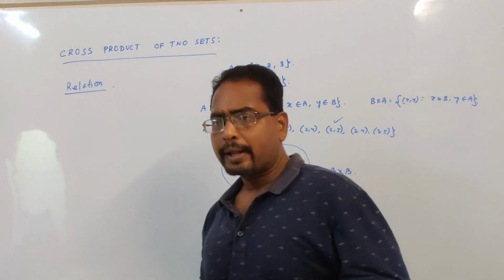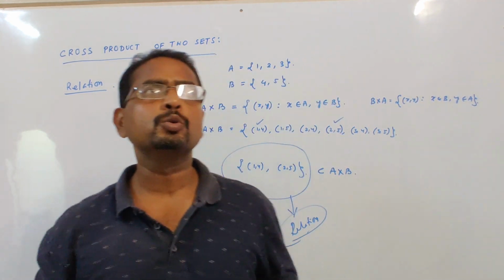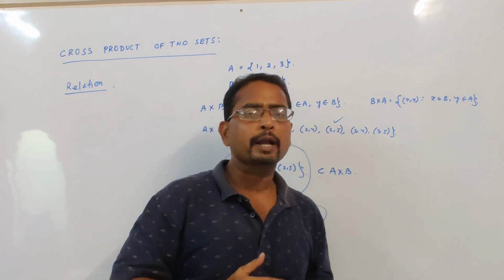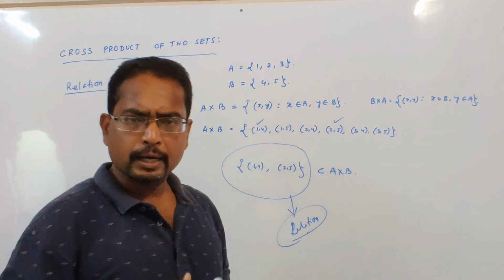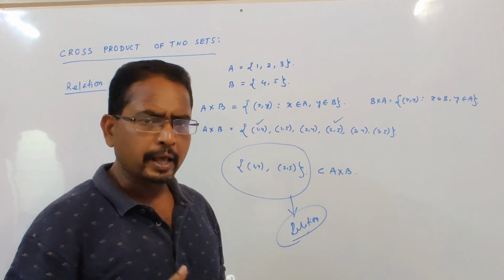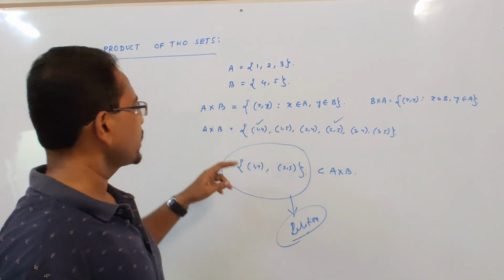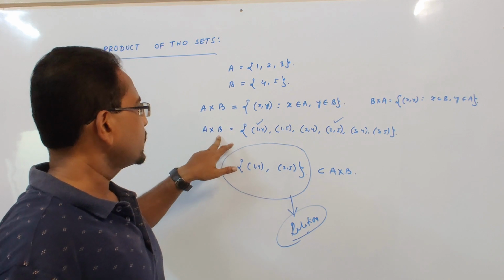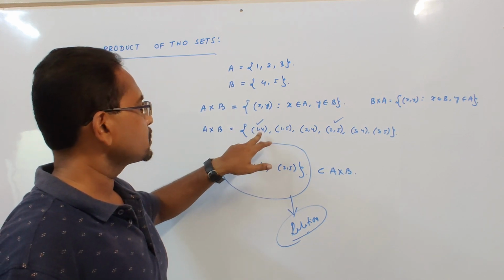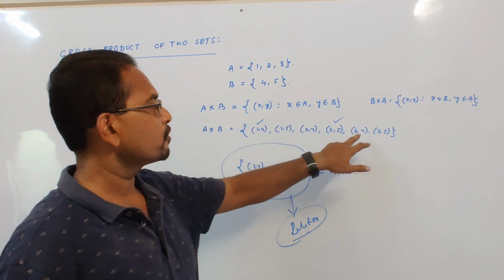Now, when you are talking about the cross product of two sets, if you want to know how many elements there will be in it, we see here that in A cross B the number of elements is 1, 2, 3, 4, 5, 6.